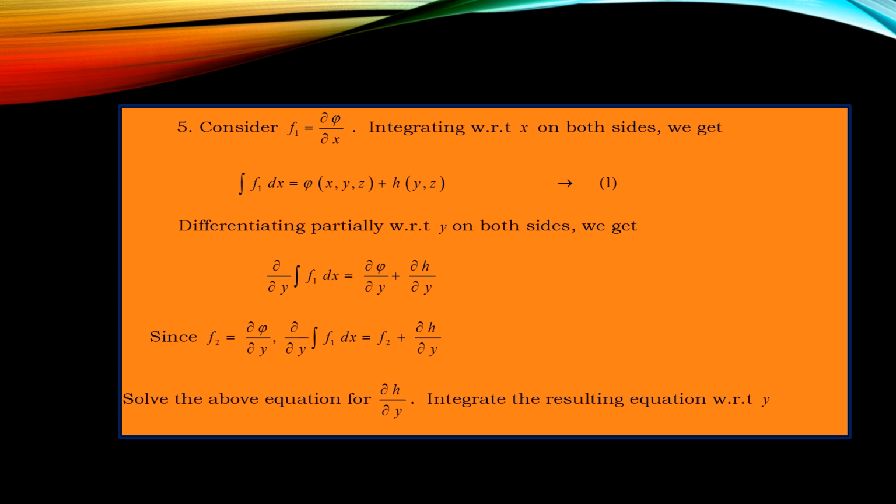But the scalar point function phi is an unknown function. In this problem, our target is to find out this scalar point function phi. In order to find out phi, we start with the equation f1 equals dou phi by dou x.